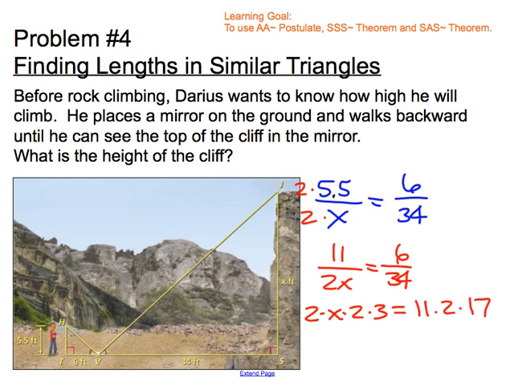So here at least the 2's cancel. So we end up with 6x equals 187. Dividing both sides of this by 6, we find that x equals 31 and 1/6. So this cliff has a height of 31 feet, 2 inches.